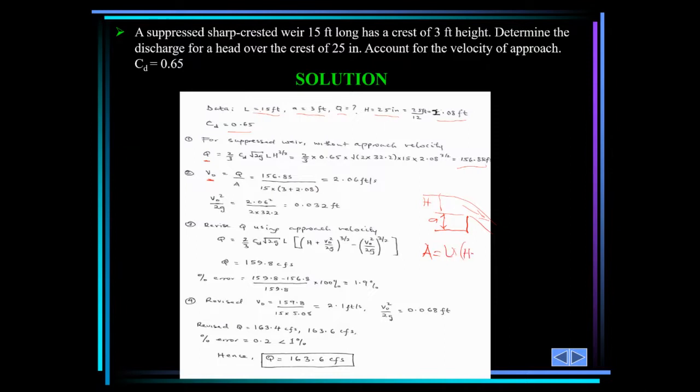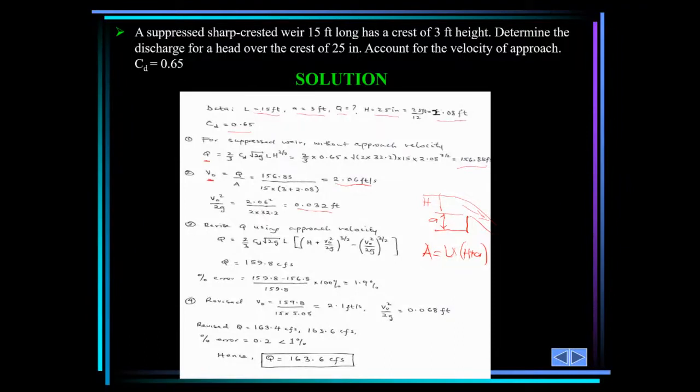And the height is going to be the head plus a. That's why here we have 15 times, in bracket, 3 plus 2.08. So this is now the initial approach velocity. Now we find the velocity head, which is v squared over 2g, which is this.